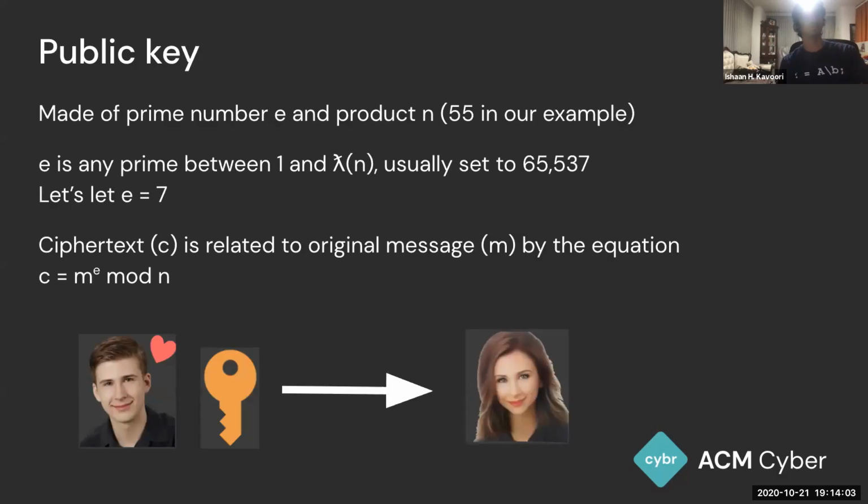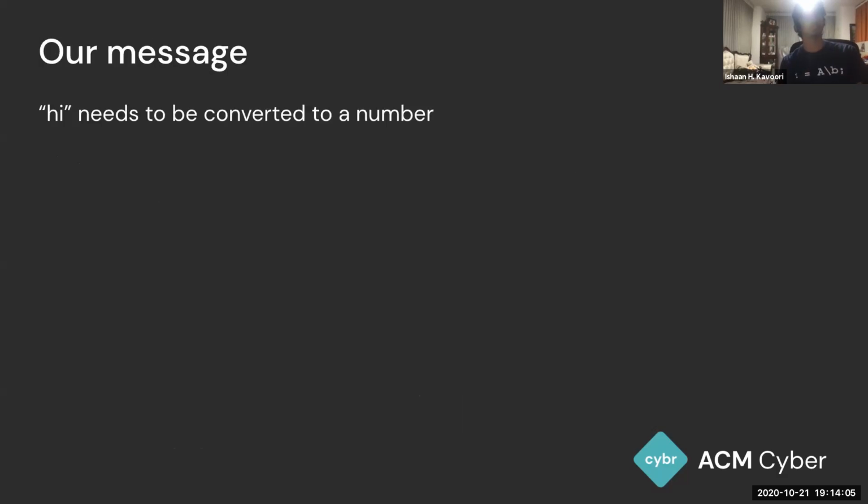So now the message. Sharon wants to say something to Aaron. Let's just say she says hi. She's not very verbose. I don't know. Now the word hi needs to be converted to a number, because remember, this is a mathematical expression.